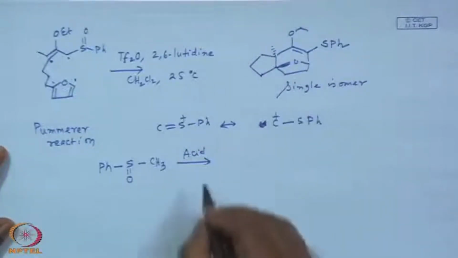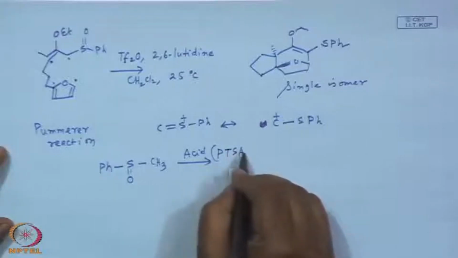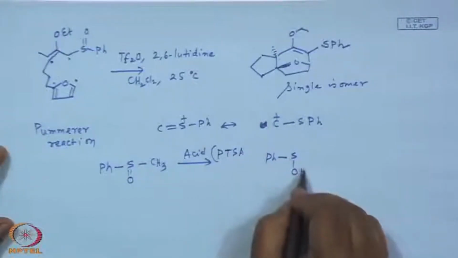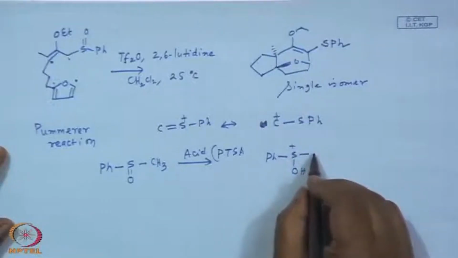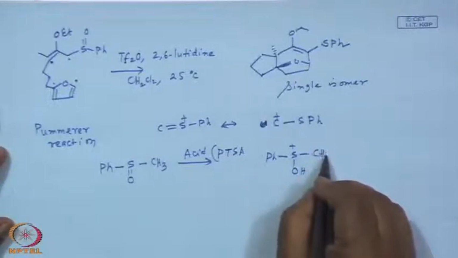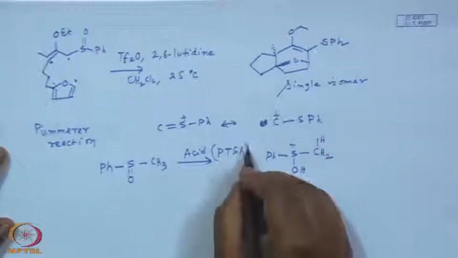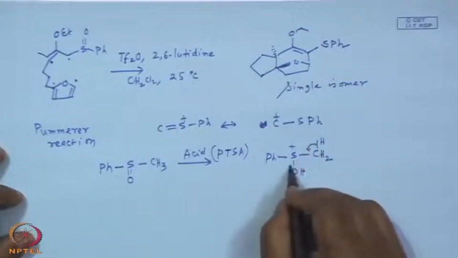Let us say we begin with the commonest one, paratoluene sulfonic acid. What is expected here is that the oxygen gets protonated, so you get a sulfonium ion, and then there is a loss of water.